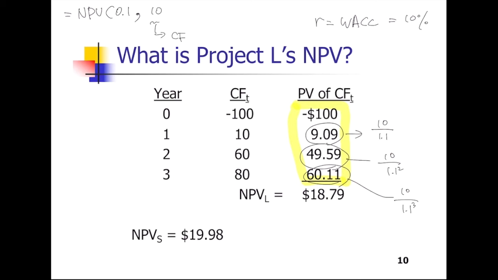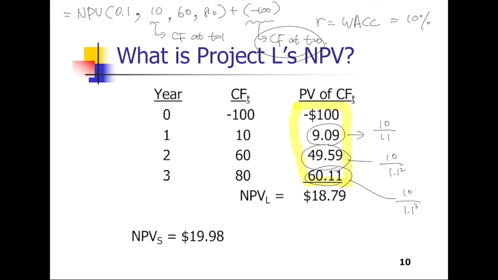The cash flows at T1, 60, 80, and then you add the cash flow at T0. Why? It does not need the discount, right? So the Excel function applies from the cash flow at T1. The cash flow at T0 you should add manually.